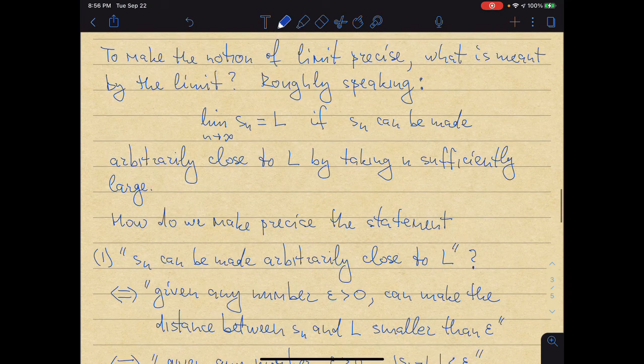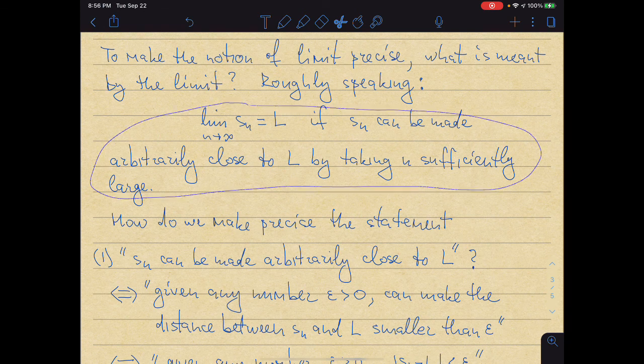So let's go back here and see how we're going to rephrase it. I'm saying that Sn can be made arbitrarily close to L. I would need to select an epsilon, and I want Sn minus L to be less than epsilon.